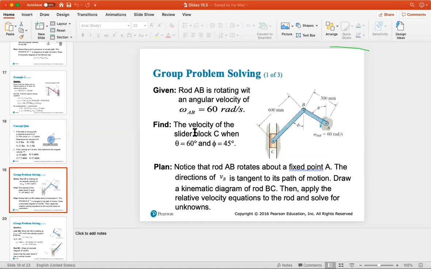Here are your two objects. You're told that omega AB, so that's rod AB, is rotating at 60 radians per second. The initial angle theta is 60 degrees, and the initial angle phi is 45 degrees.